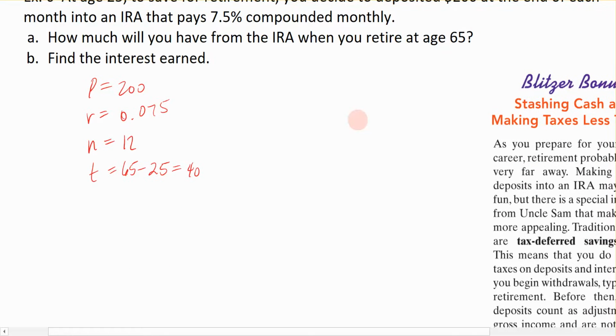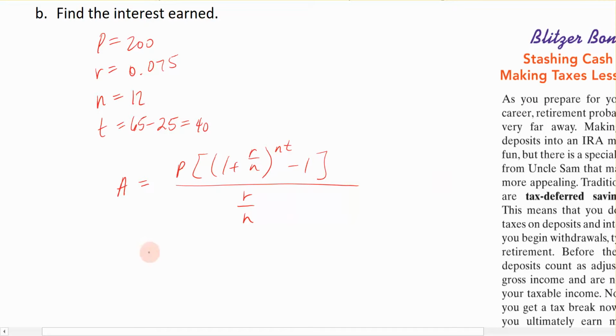Now, the formula says the annuity is going to be equal to P times 1 plus R over N raised to the NT minus 1, and I'm going to divide that by R over N. So let's fill in the formula as it is.